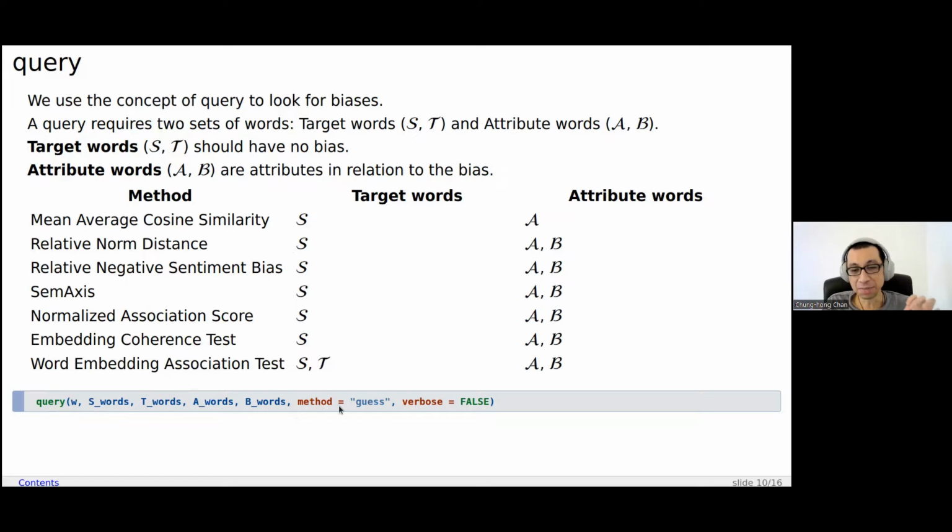Then you need to specify the method. If you are lazy, you can just say method equal to guess, and then the package will select the best method for you based on the number of target words and attribute words you provided. And verbose will just print out more information during the calculations.